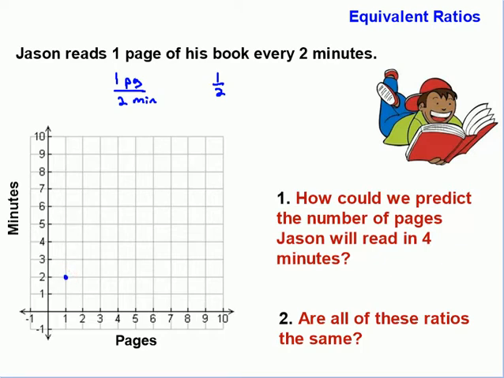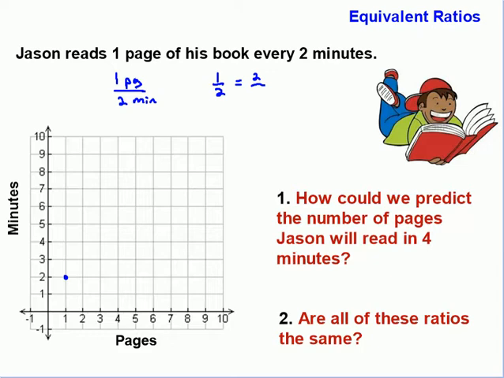So, think with me. If he were to read 2 pages, how long would it take him? It took one page 2 minutes to be read, so now he has 2 pages to read. Well, we're doubling the number of pages, so we would double the number of minutes.